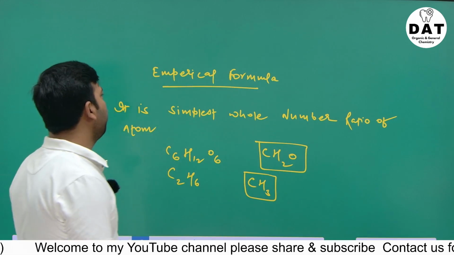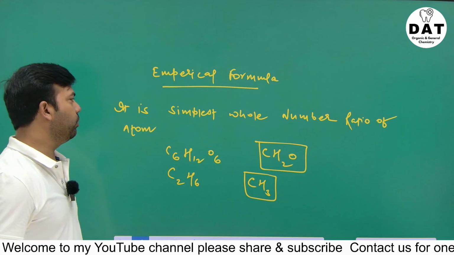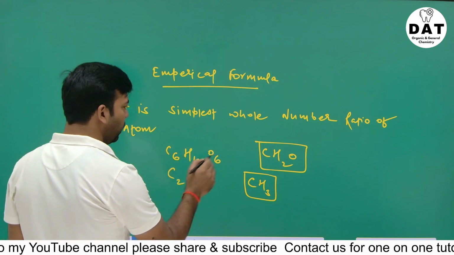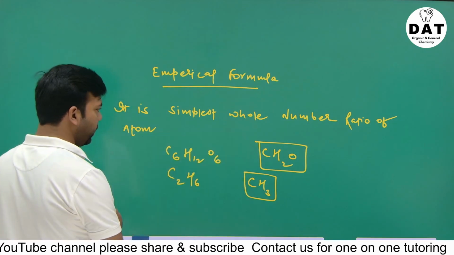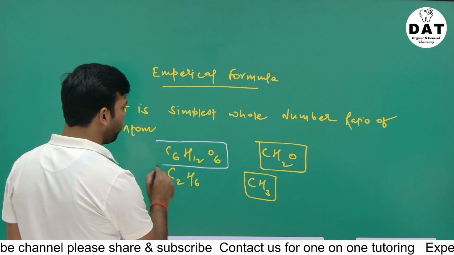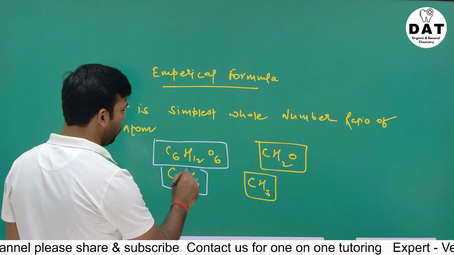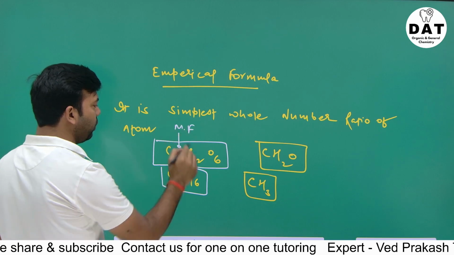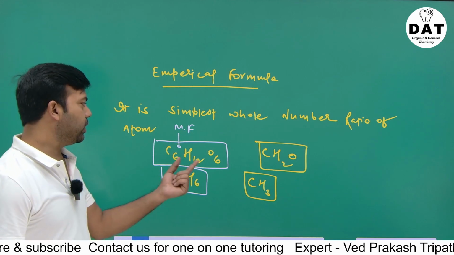What is the empirical formula? It is the simplest whole number ratio. Make sense? It means we can generate the empirical formula from the molecular formula. Suppose this is my molecular formula, C6H12O6, and the smallest number is 6.